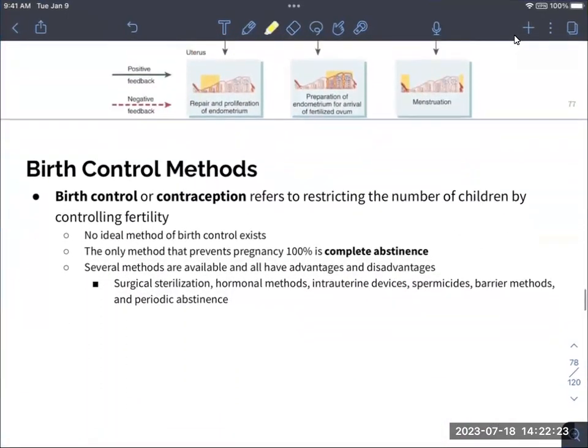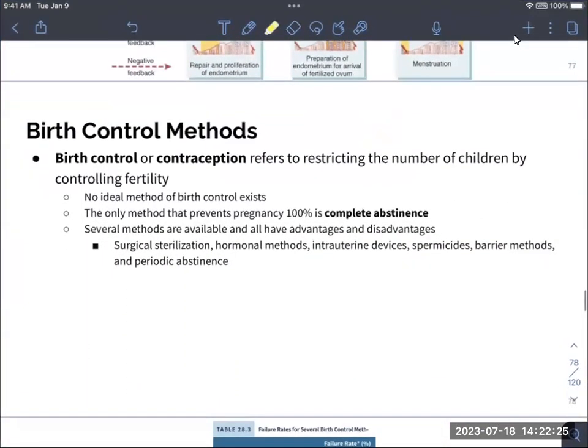Birth control methods, or contraception. This is known as restricting the number of children by controlling fertility. There is no ideal method of birth control besides complete abstinence. Complete abstinence is the only 100% effective way to prevent pregnancy.